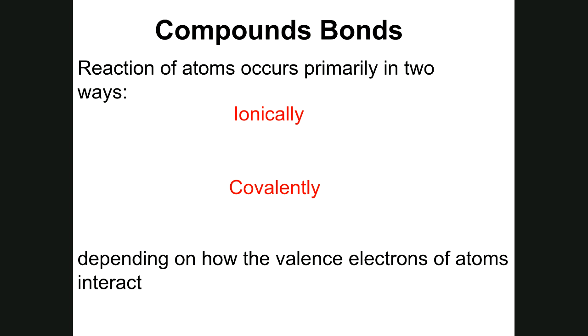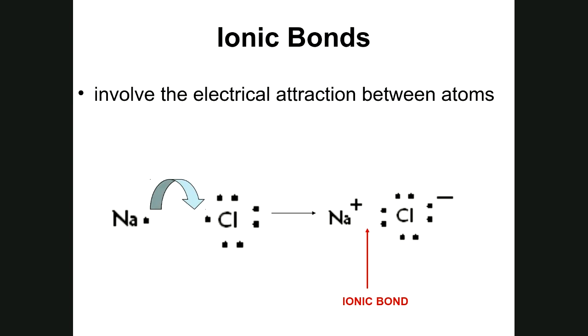What is the difference? Ionic bonding, they don't share. One element will take the electron of the other element, and the other element will give this electron. This involves electrical attractions between atoms.